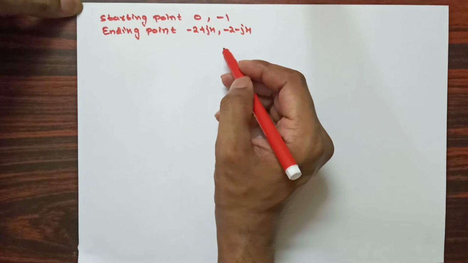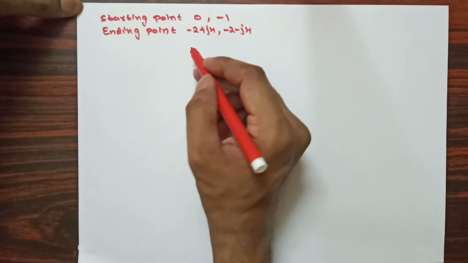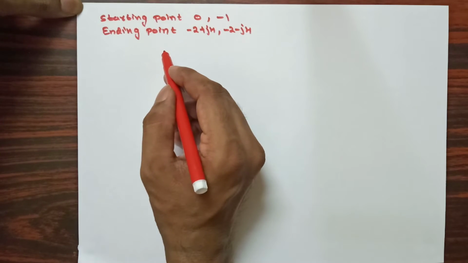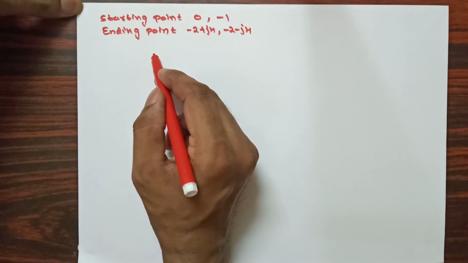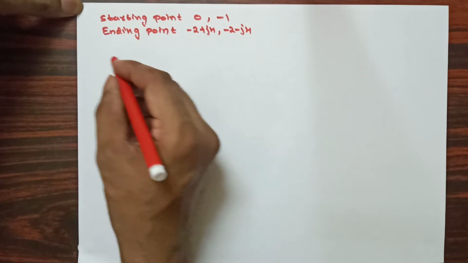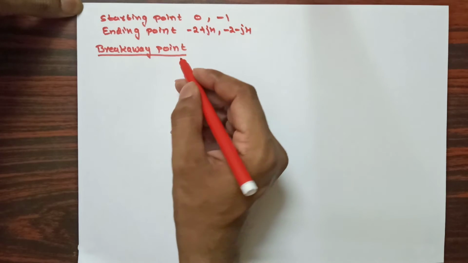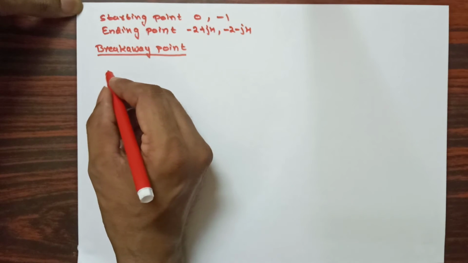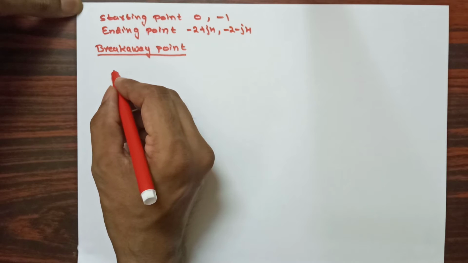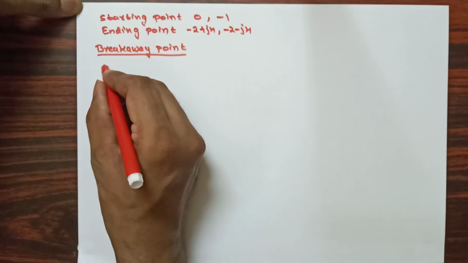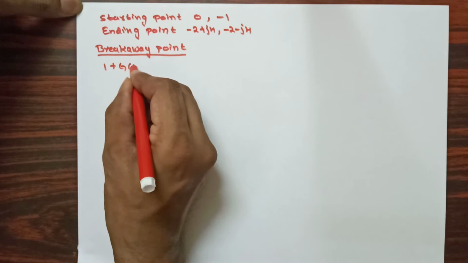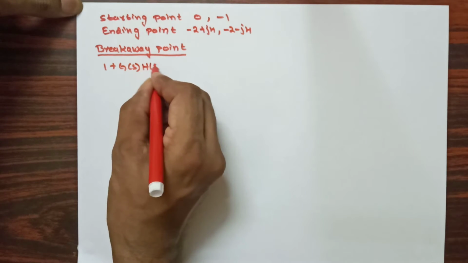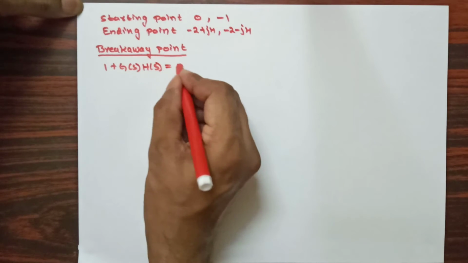Next I am going to calculate the breakaway point. As we know, in this problem we have more than one branch, therefore I may get a breakaway point. As we know the procedure to calculate the breakaway point, we need to consider the characteristic equation 1 plus G(s)H(s) is equal to 0.